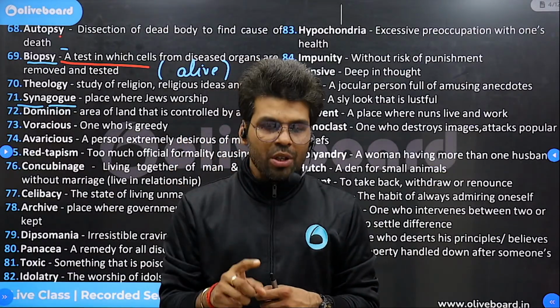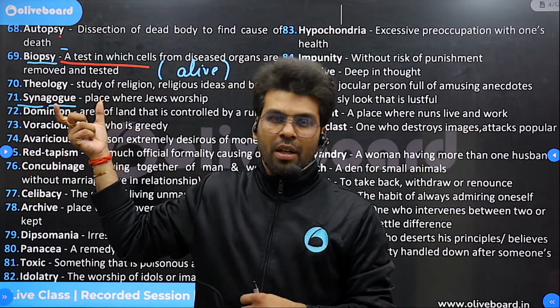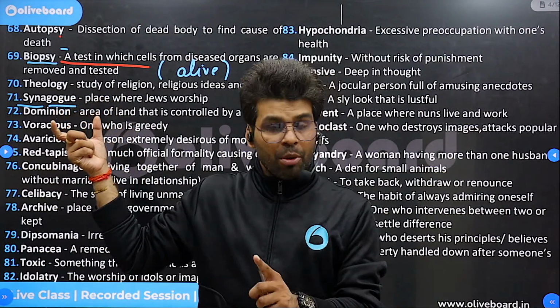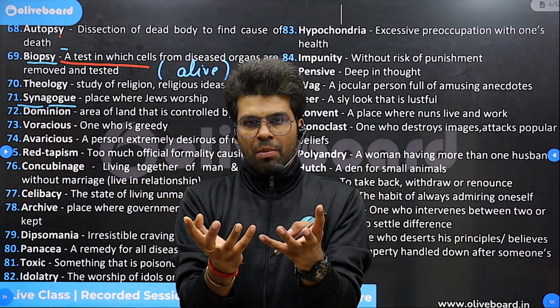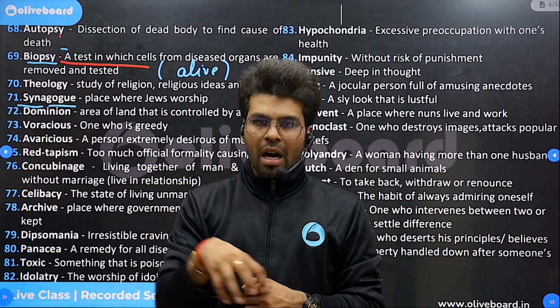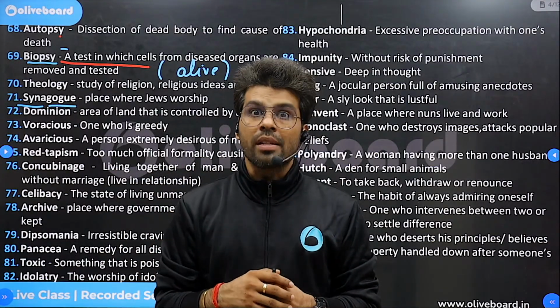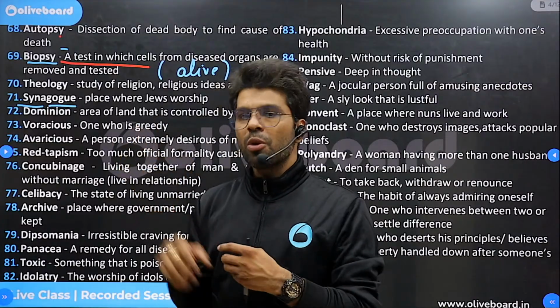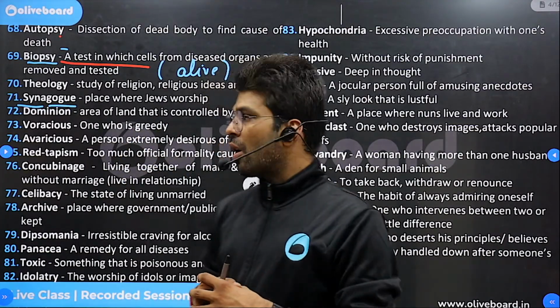So etymologically, it used to be the place where Jews worship, that community. Nowadays, it can be any place of worship, or not even worship, any place where many people are. Just like a hall can be called a synagogue. But basically, that's the root meaning, the place where Jews worship.